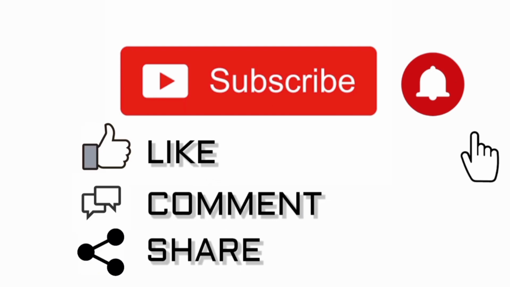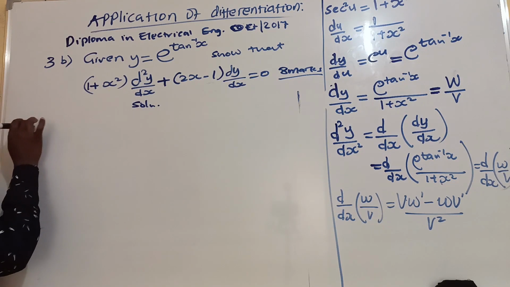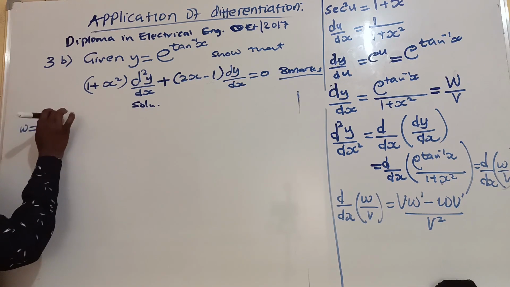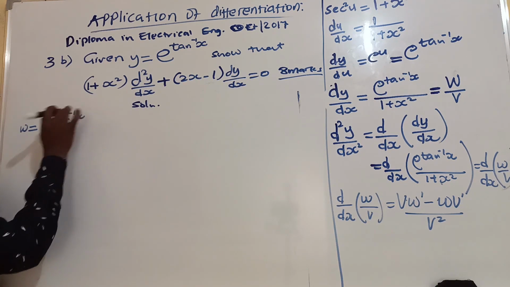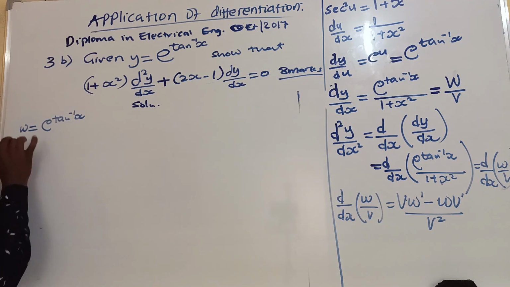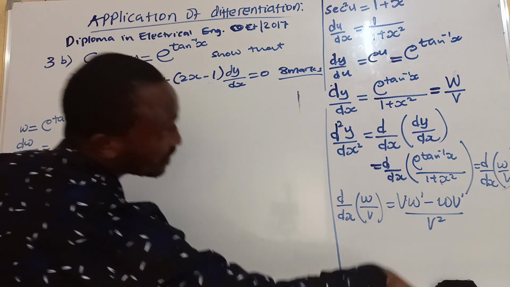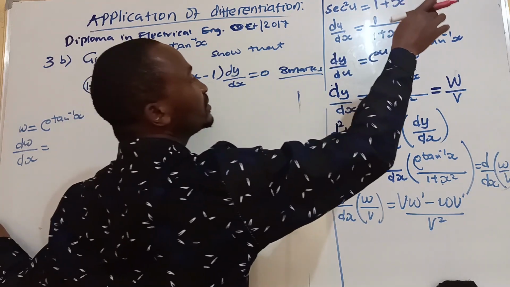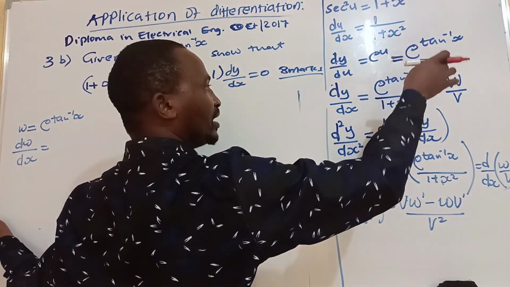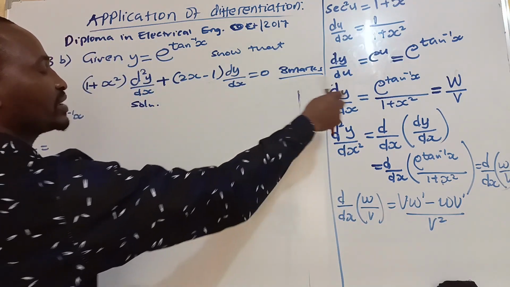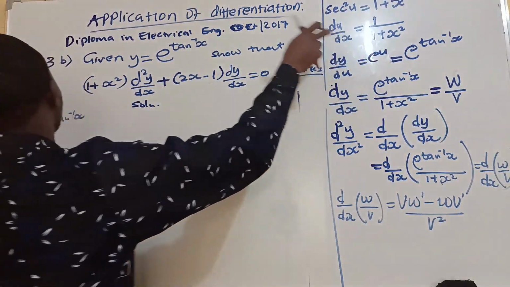Now, what is our W from that? W is exponential tan inverse x. If you differentiate W with respect to x, it is just repeating everything we have done up to this point, because this is what we started with.